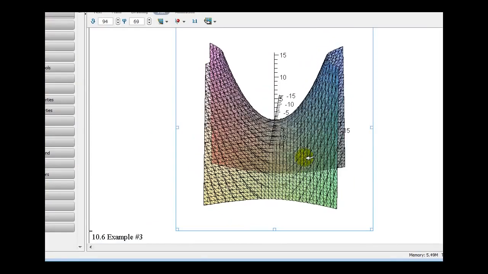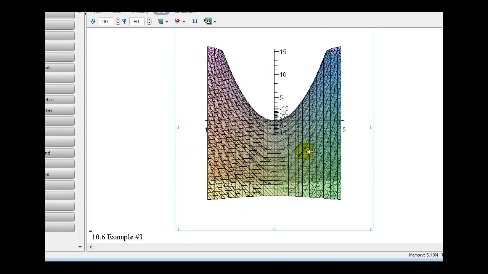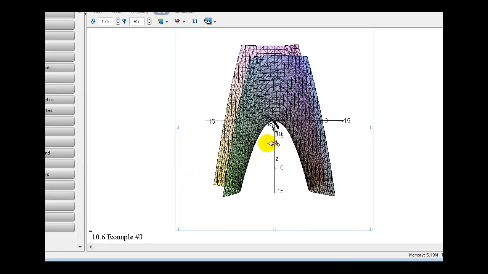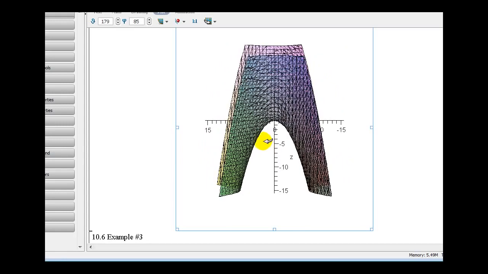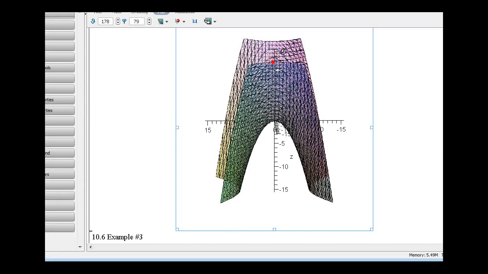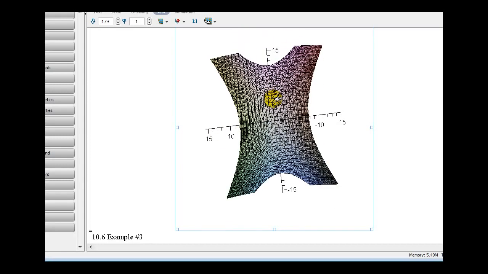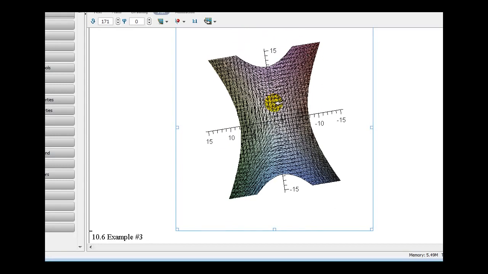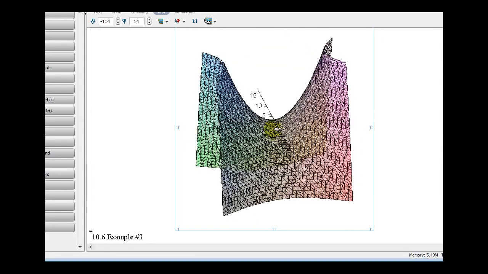In this case the xz trace is the parabolic trace as well as the yz trace. Notice 1 parabola opens up and 1 opens down, and the xy trace, as we see here, is hyperbolic. This is the graph of the hyperbolic paraboloid.